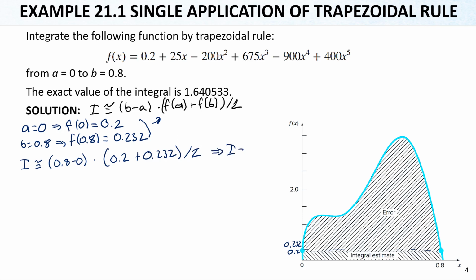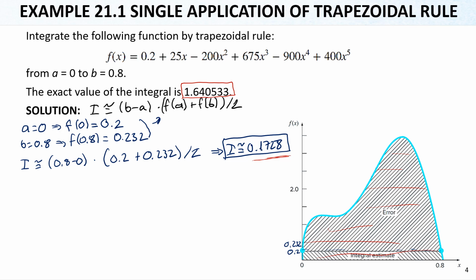Then I is equivalent to 0.1728 approximately. But we know that our actual integration gives this value, which is the area here, the total area, and the approximation only gave us a very small portion of it.